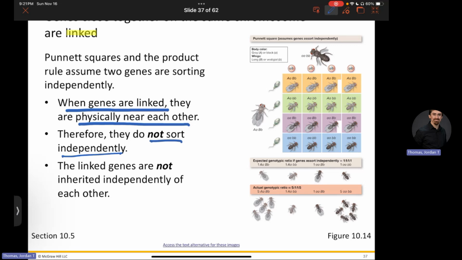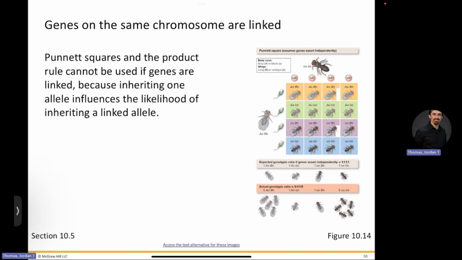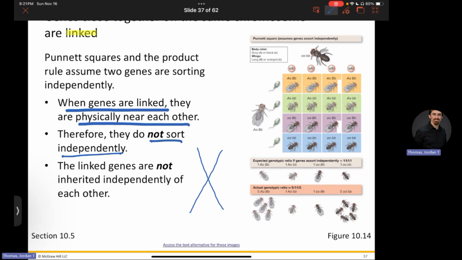So there are some genes that, if we look on a chromosome, so here's my chromosome. Say we have two genes: a gene here for big A and a gene here very close to it for little b. Since these two genes are on the same chromosome, they are what's called linked genes.